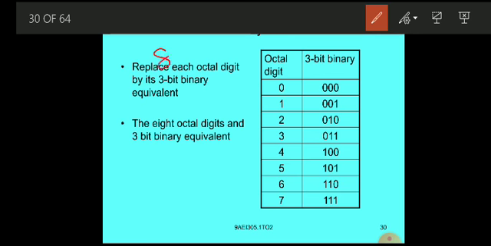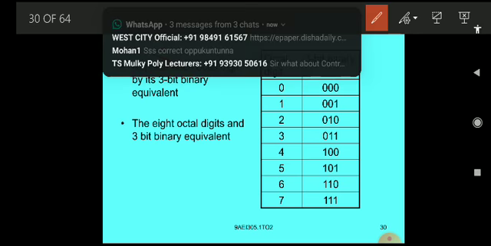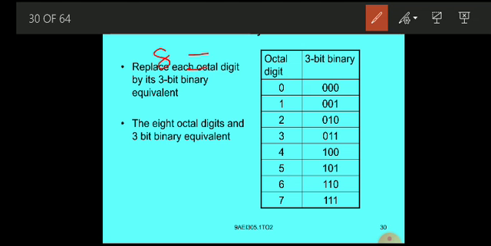So 2 power 3, hence you can express each digit of octal with 3 bits of binary, because the exponent is 3. That is the idea you have to remember.